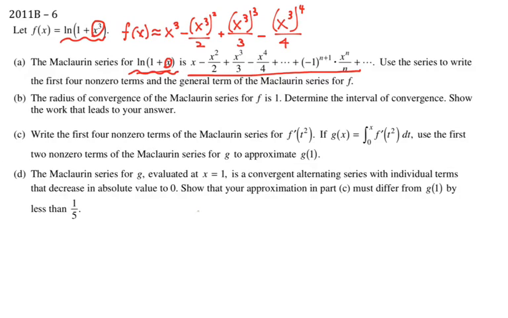That's what I'm beginning with, plus dot dot dot. Our general term is going to be negative 1 to the n plus 1 and x cubed to the n power over n. All right, so that will be my answer.